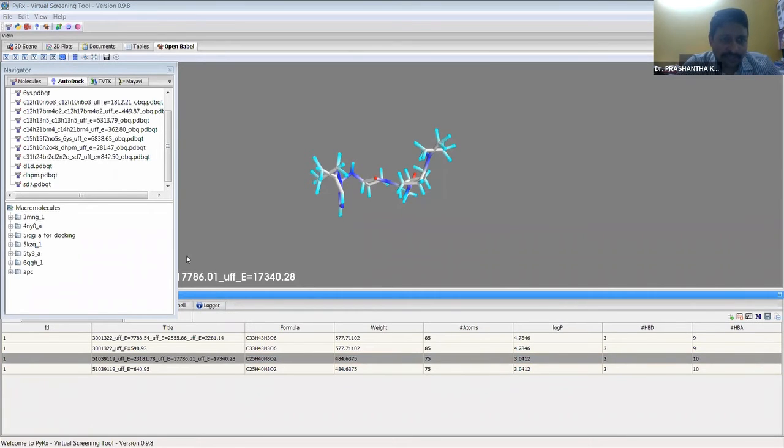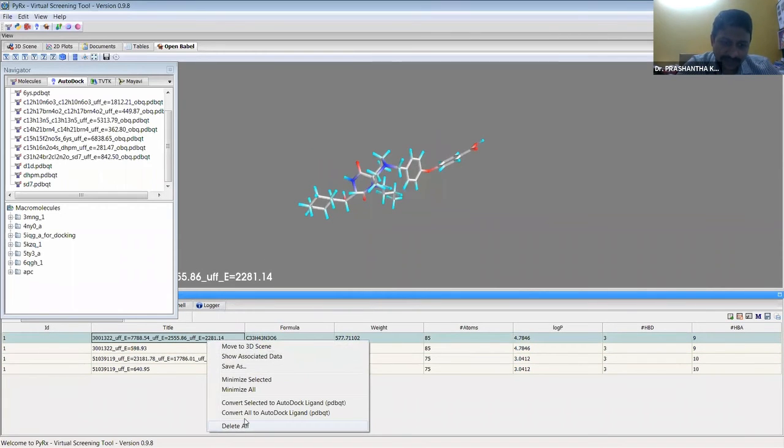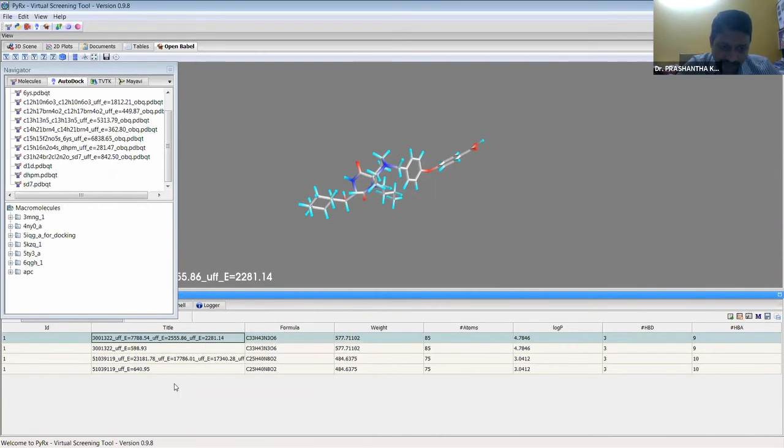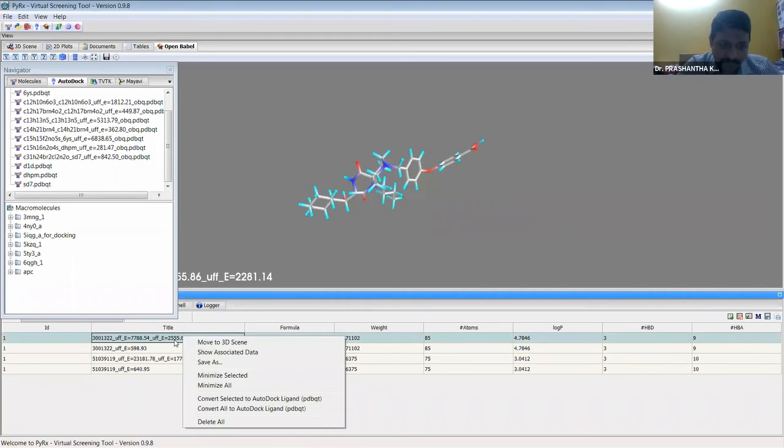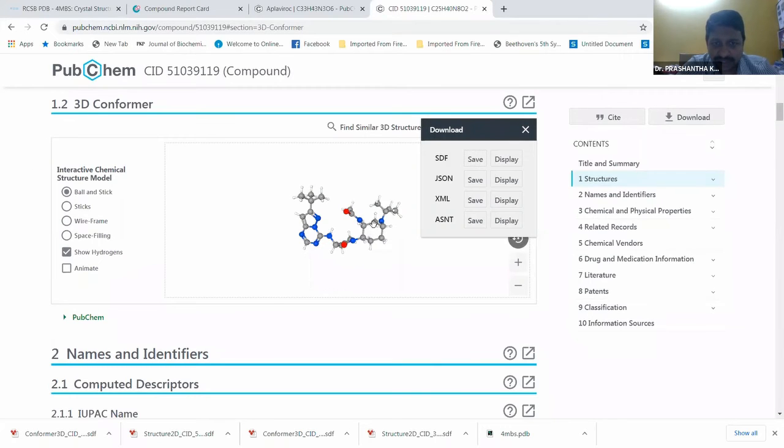So to avoid all these confusions, if by chance we are getting a crystallographic structure, we prefer to use that crystallographic ligand structure and do the minimization, or prefer to take whatever is available from PubChem. If we are getting the 3D, better to download the 3D and work.